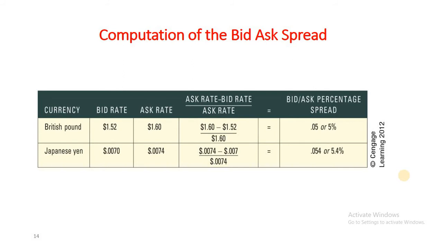So the bid ask spread of British pound is 5%. And for Japanese yen, bid rate is $0.0070 and ask rate is $0.0074. So the bid ask spread of Japanese yen is 5.4%.